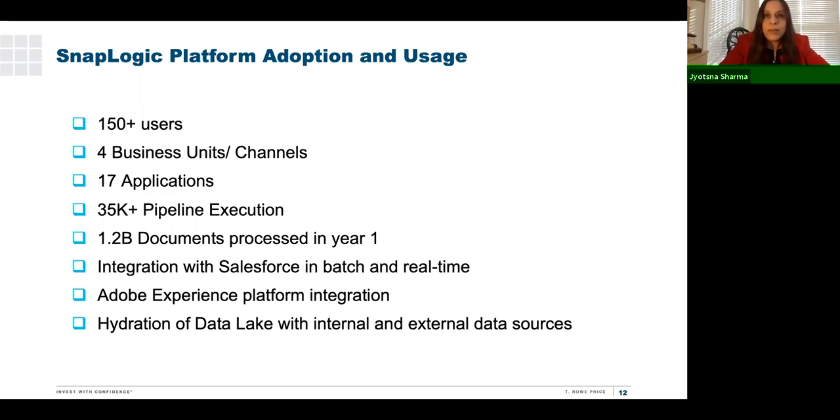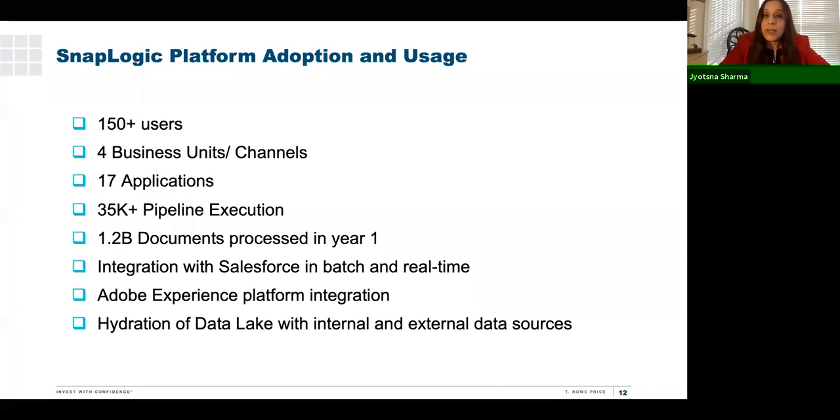And fast forward 8 months, we have over 17 applications currently in flight, in various phases of either development or production cycle, for 4 different business units and channels that are using SnapLogic.